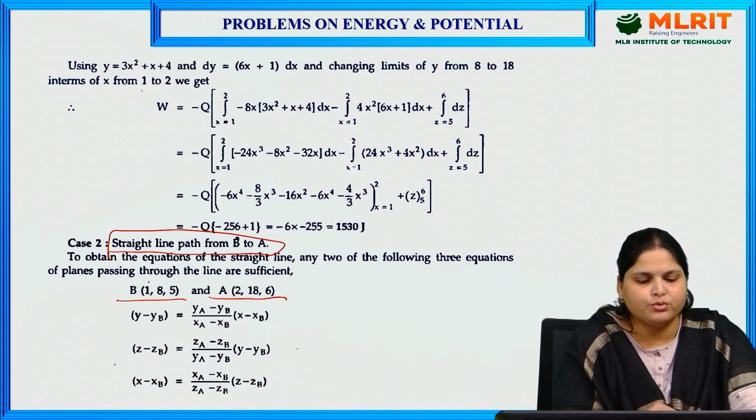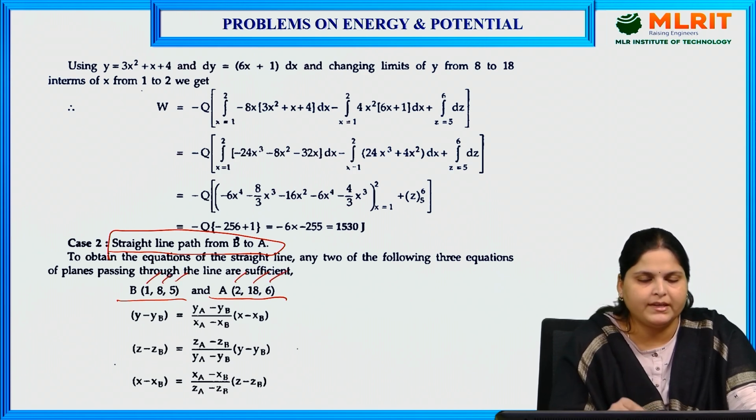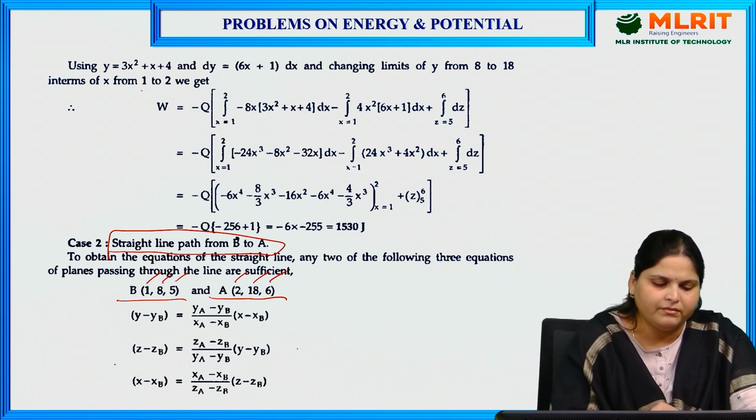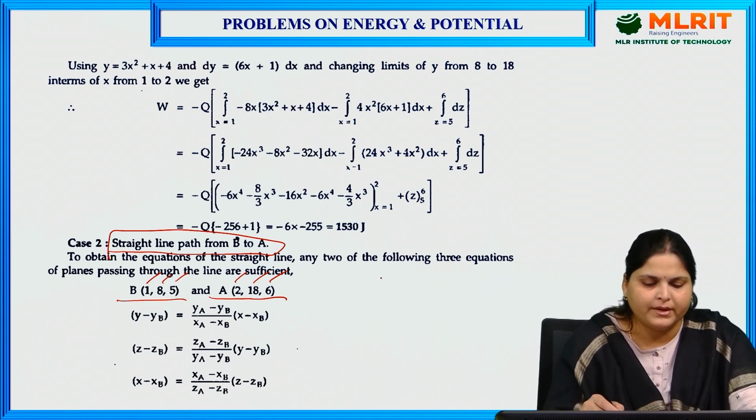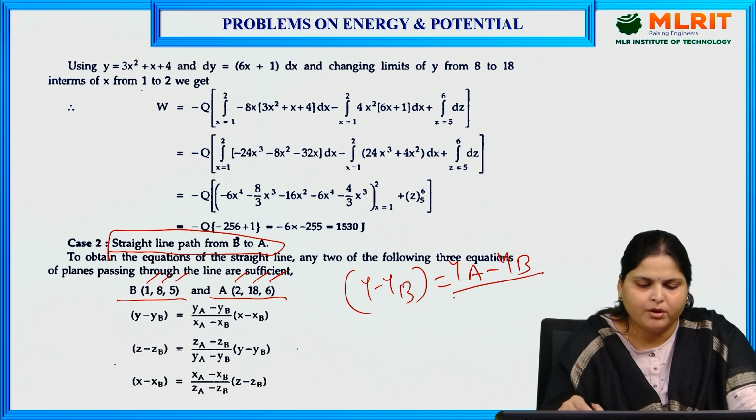B is (1, 8, 5) and A is at (2, 18, 6). We will write the formula: y minus yB is equal to (yA minus yB) upon (xA minus xB) into (x minus xB).